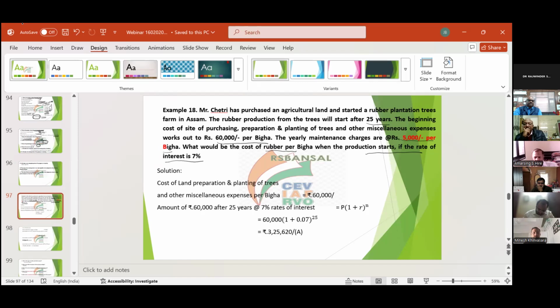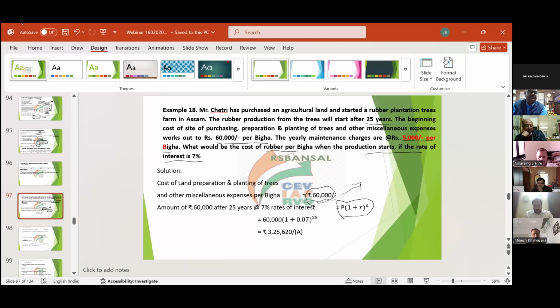The cost of plantation of trees and other miscellaneous charges per acre is given as 60,000. If you do a valuation after 25 years, it means you have deposited, invested, 60,000 in the bank for 25 years. So for the cost of 60,000 after 25 years, you have to find its future value after 25 years.